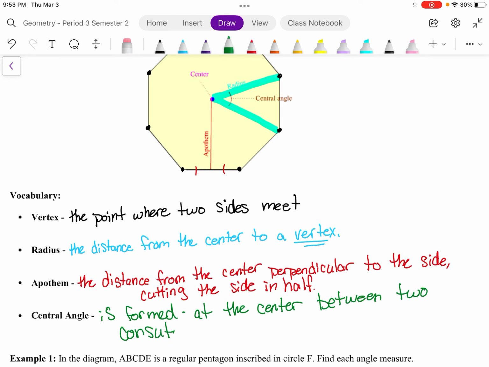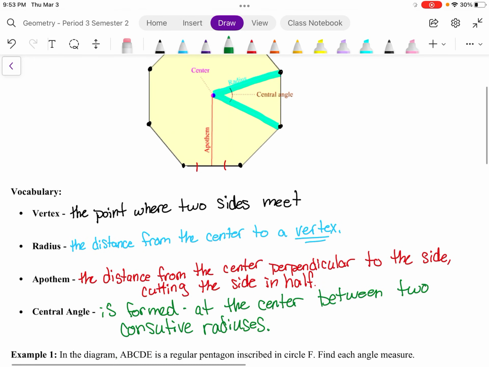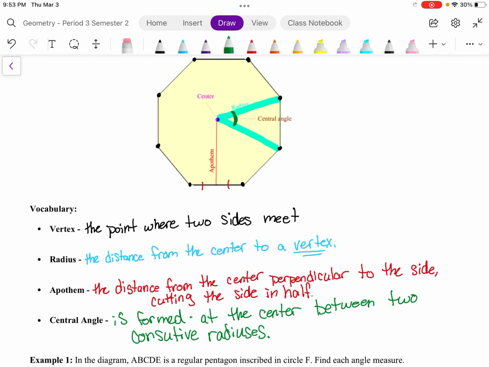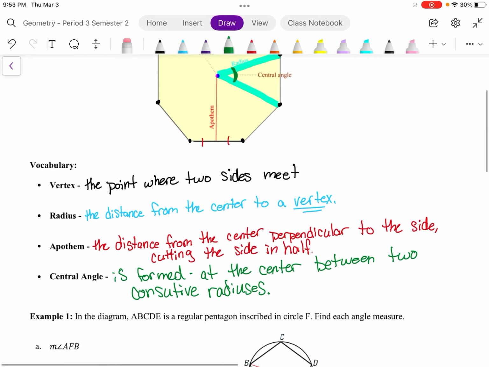And consecutive, remember, is one right next to the other. So in this one, our central angle is drawn in between these two radiuses. And again, we're going to be using that central angle to help us calculate the area of our polygon. So that's why it's important that we know all of these different vocabulary words.